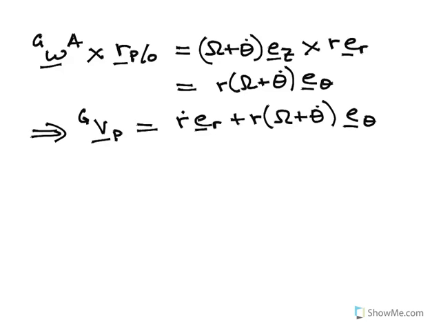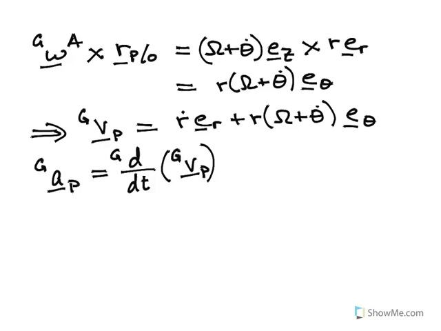Now next, the acceleration of point P as viewed by an observer fixed to the ground is equal to the rate of change, as viewed by an observer fixed to the ground, of the velocity of point P as viewed by an observer fixed to the ground.